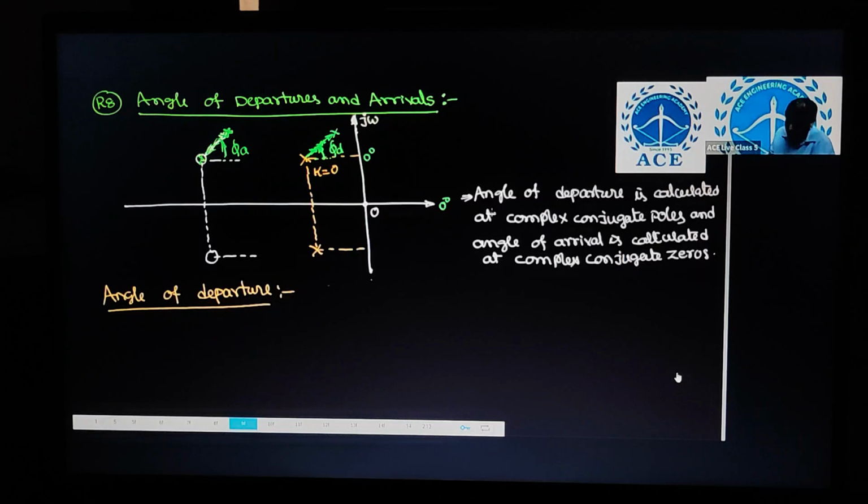So departure is for poles, arrival is for complex conjugate zeros. Okay? Is it clear, all of you?